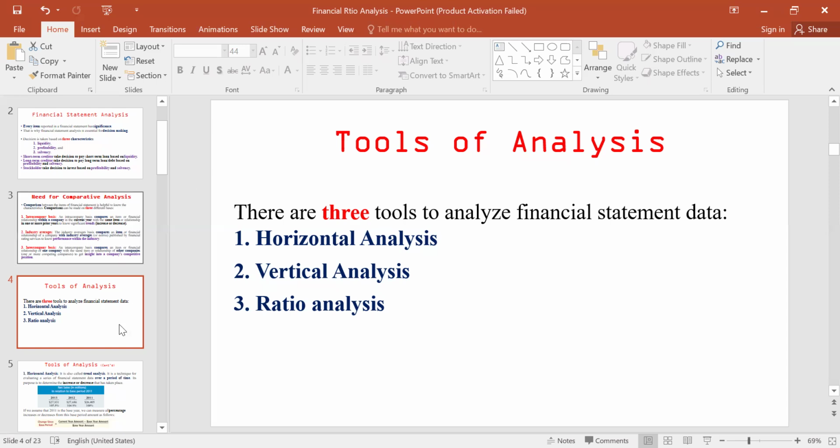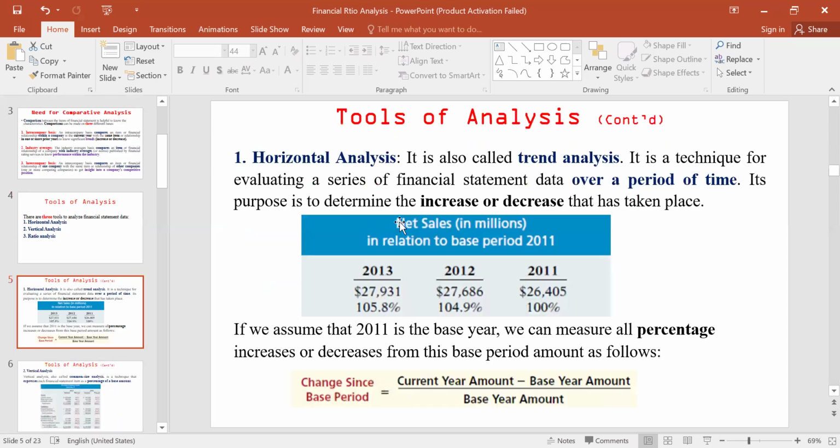Some examples I will show you. In horizontal analysis, year by year, side by side, you show the figures and comment, negative or positive, big or small.